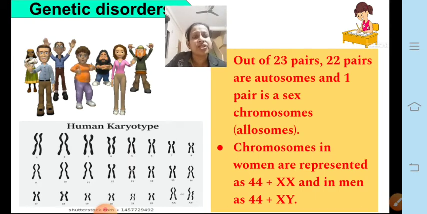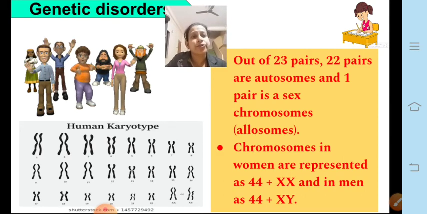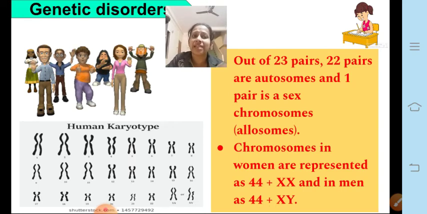The dominant genes are always expressed in the first generation, as I mentioned in the monohybrid and dihybrid crosses. Tallness was shown in the first generation, and in the dihybrid cross we have seen that round and yellow seeds were seen, whereas the recessive characters were seen in the second generation. So from Mendel's experiments, we have come to know that some characters are dominant and some characters are recessive.